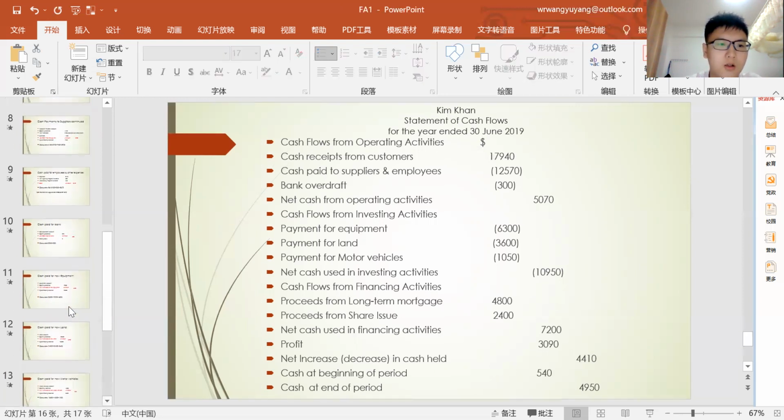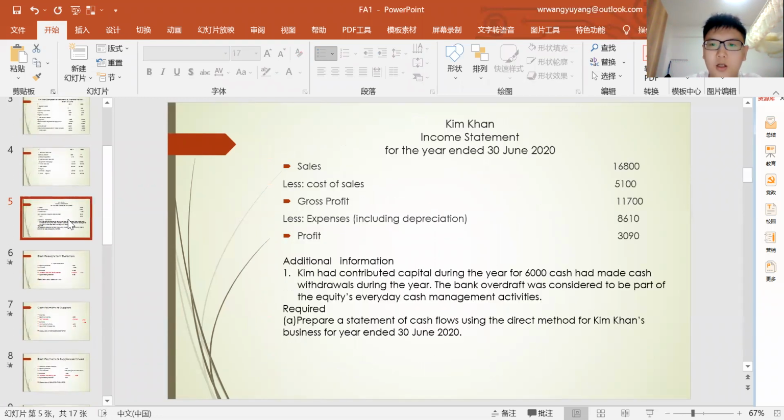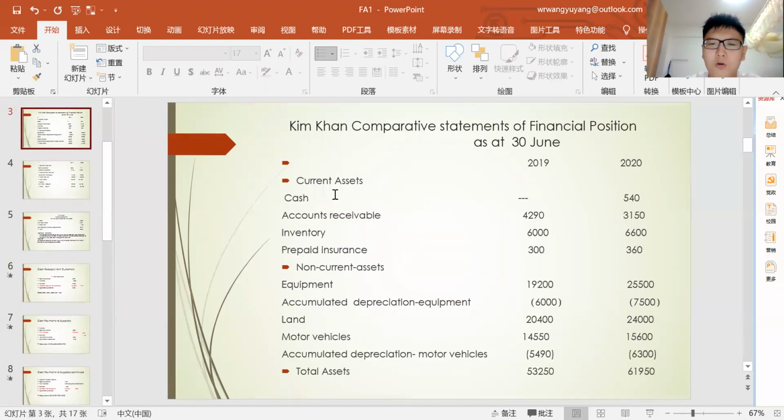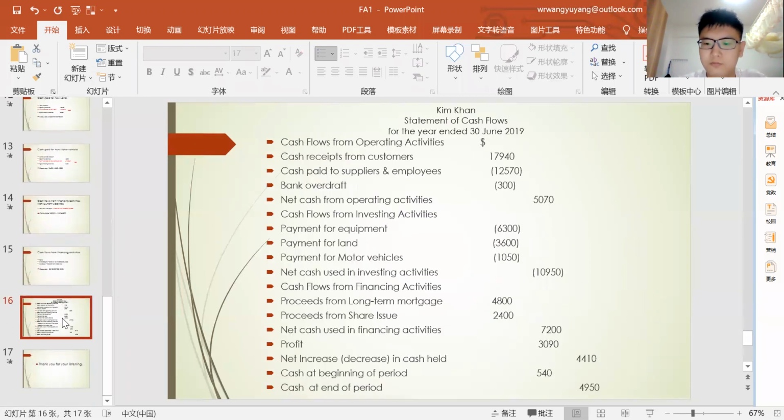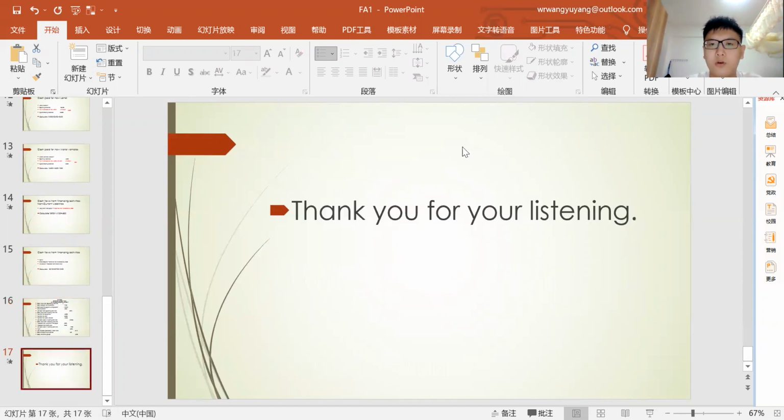So from the data, the opening cash balance is 540. So the cash at the end of the period is 4950. Okay, that's all. Thank you for listening.